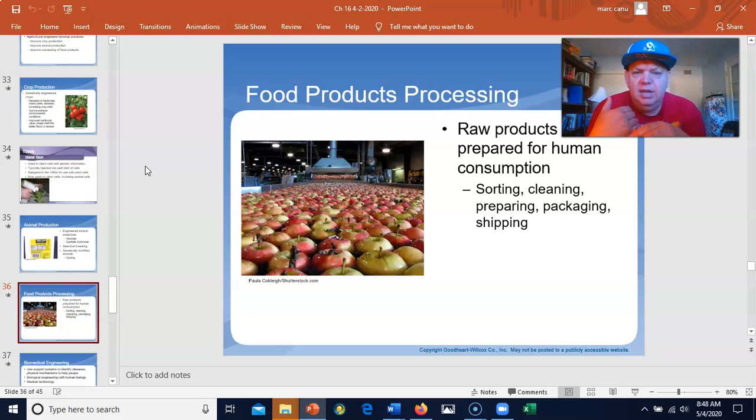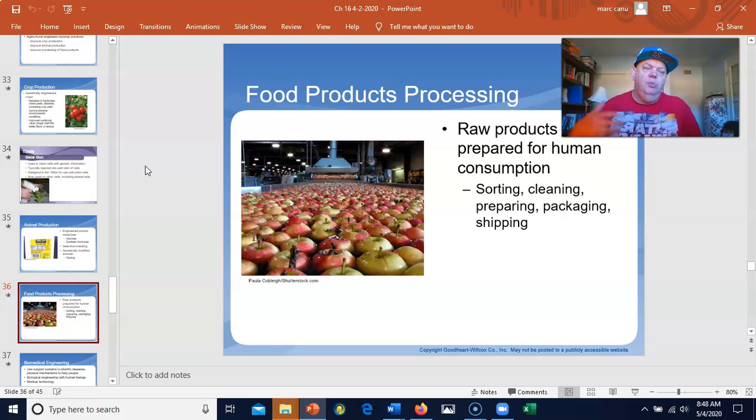The packaging and the shipping, it's so important how they do that. Especially if you think about where the bananas we eat here in Southern California come from. Where do you think they come from? Central or South America. So that's a couple of thousand miles away at least, just off the top of my head.